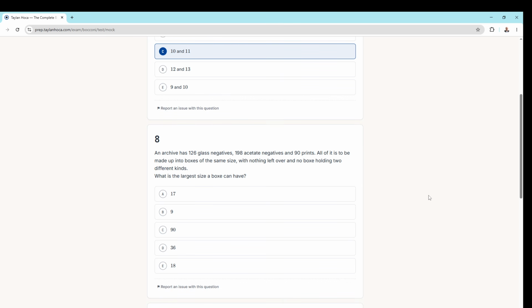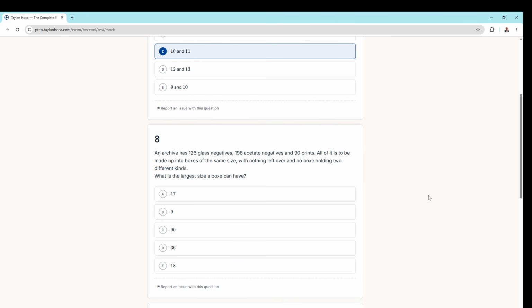So how can we divide those? I take 126, 198, and 90. I'm gonna search for common factors, the greatest number that divides all of them, right?